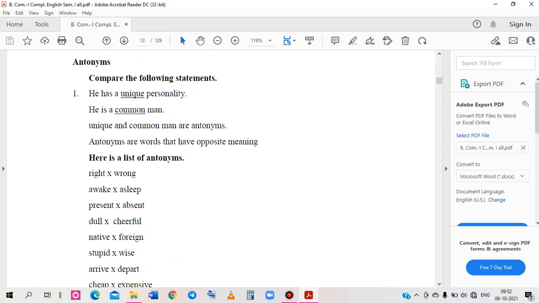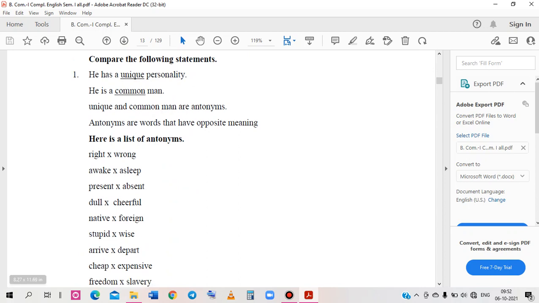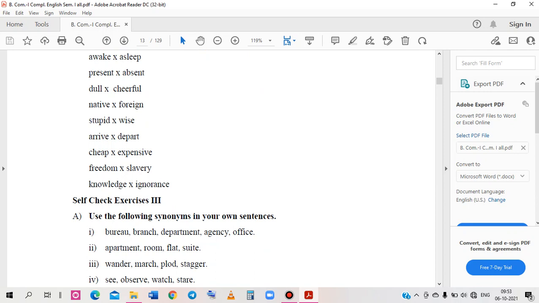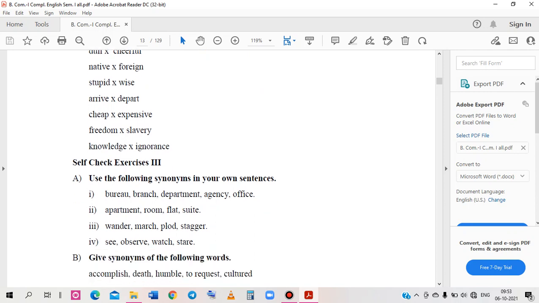Right, wrong, awake, asleep, present, absent, dull, cheerful, native, foreign, arrive, depart, cheap, expensive, freedom, slavery, knowledge, ignorance. So you should use these examples in your own sentences.